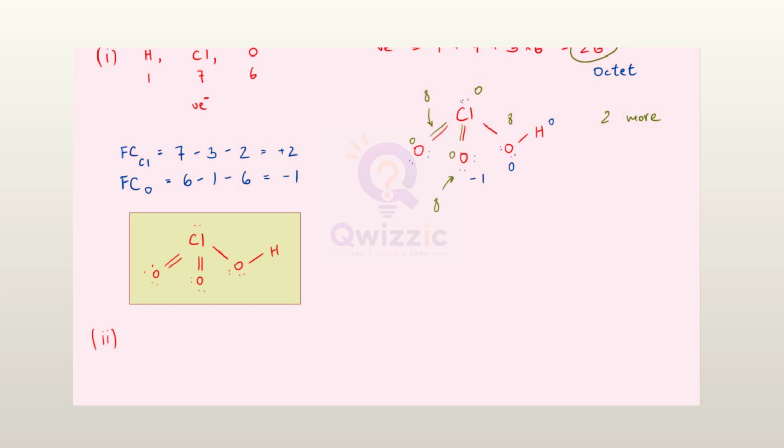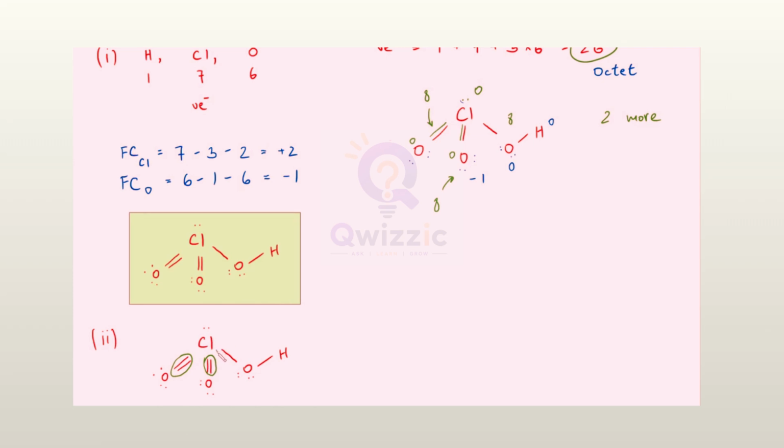And to do that, we are going to look at the previously drawn structure and understand how many electron regions there are on the central atom. So basically we have one chlorine-oxygen double bond, that's one electron region. Another one, that's 2 electron regions.